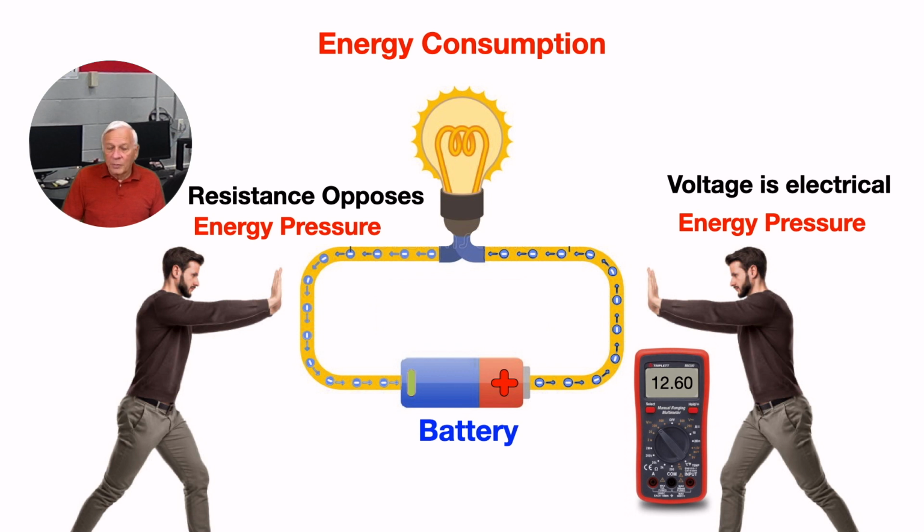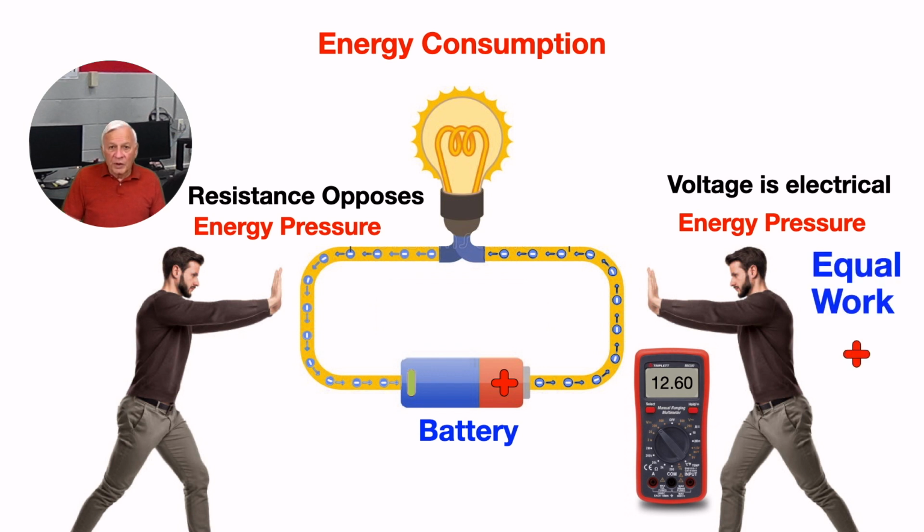Now resistance is opposition to that energy pressure or push. Now remember, in order for a load to work, it needs energy. That energy will be resisted, exhausted, or consumed as the work is being done. The purpose of the energy or the voltage is to overcome the resistance against that pushing pressure or energy in the circuit. That's what enables the load to work.